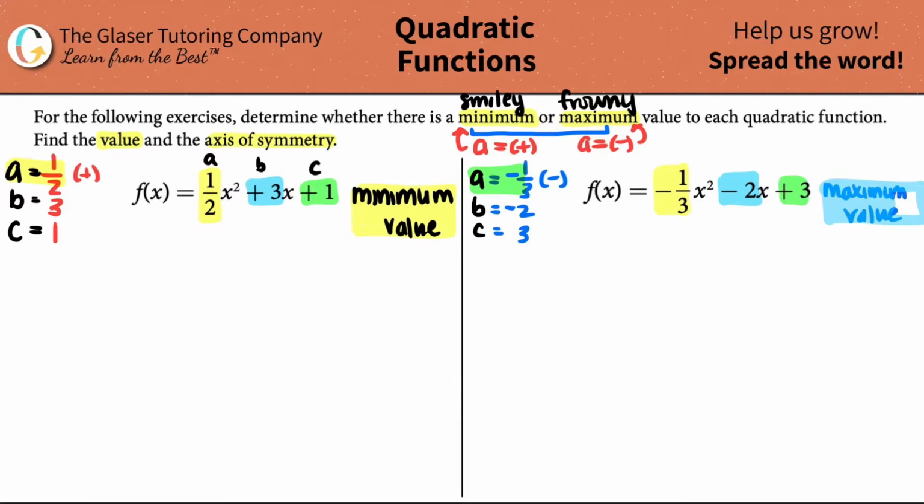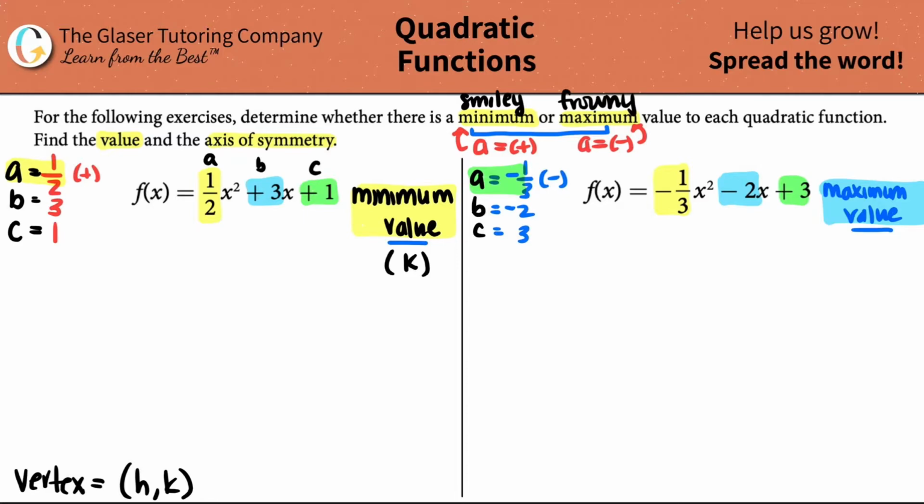Now we just have to find out what the actual value is for each one of them, and what is the axis of symmetry. Okay, so the actual value of your min or your max comes from the vertex, just like we saw, and it is the k value. Keep in mind that your vertex is always h comma k.